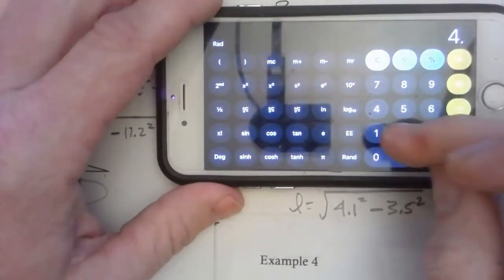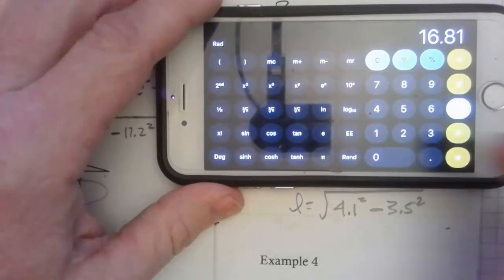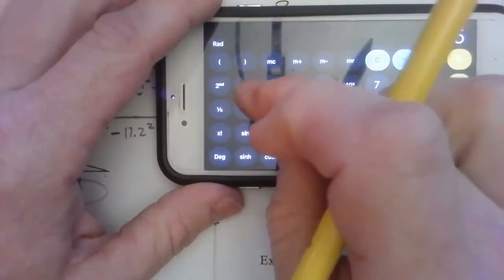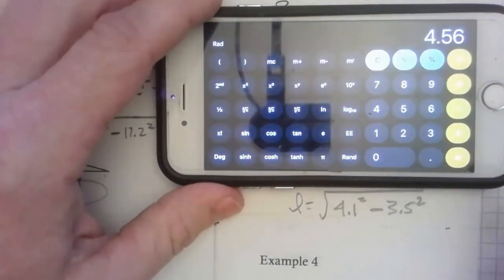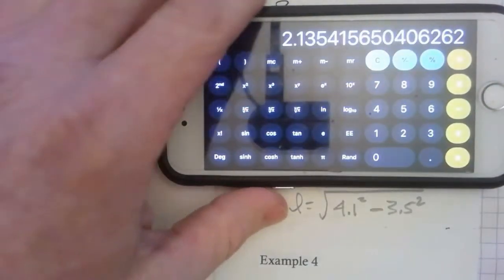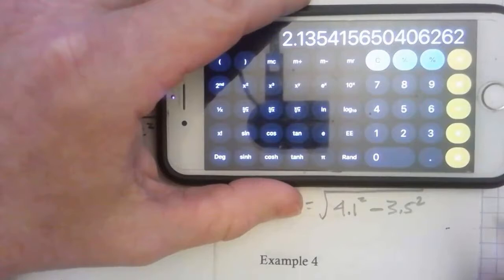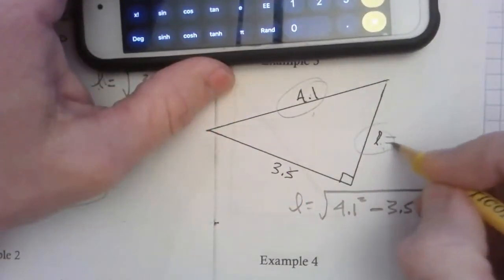So 4.1 squared minus 3.5 squared, hit equals, and then take the square root. 2.14 we'll say. 5 bumps that 3 up. So 2.14 looks good to me.